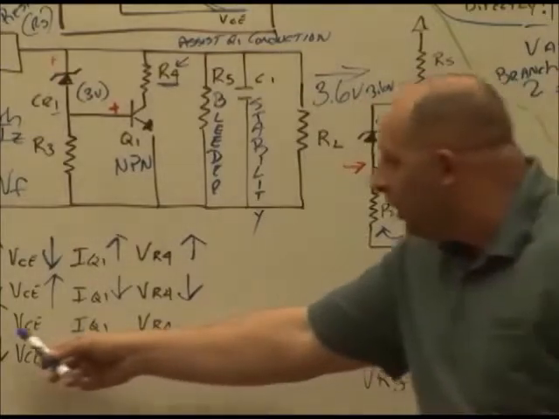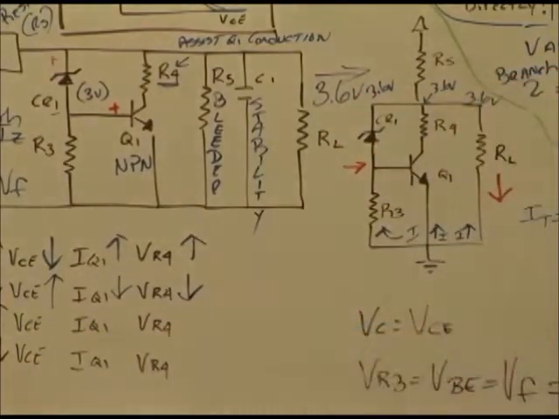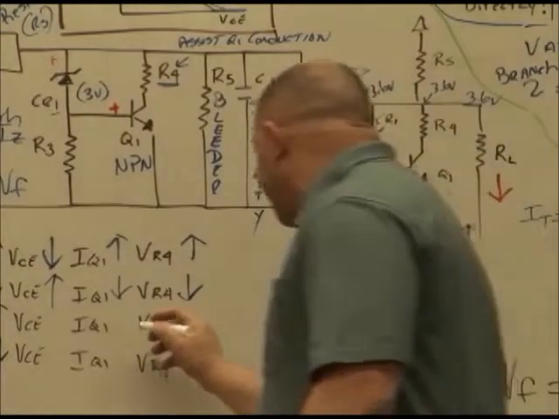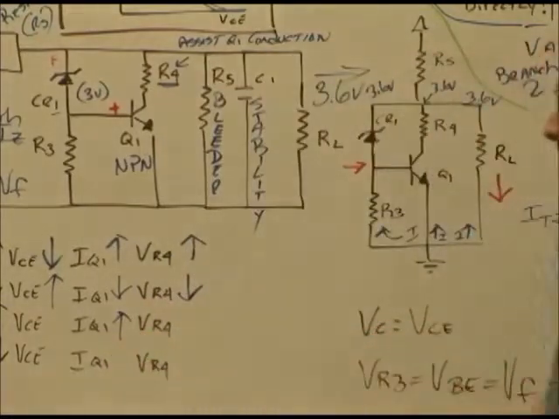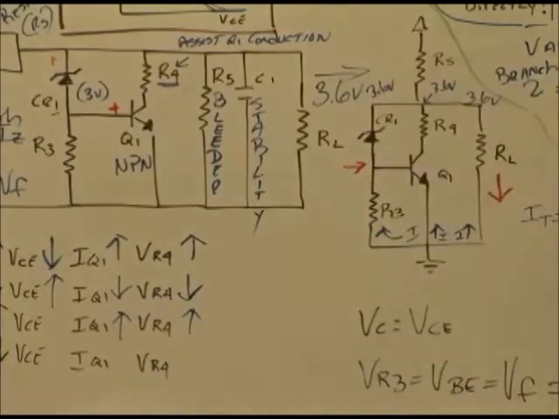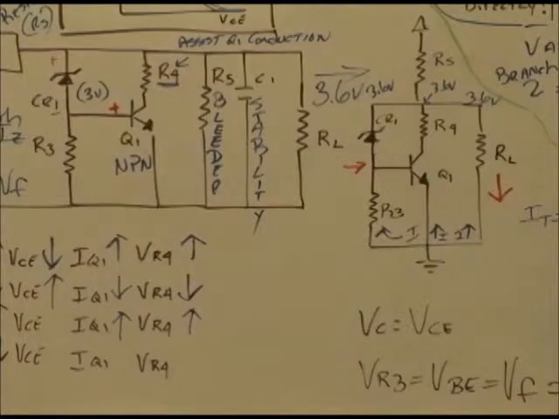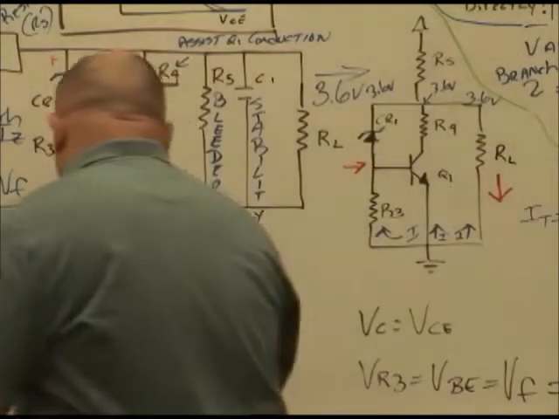Oh, we're doing a load increase. The transistor is going to receive that extra current that's not needed by the load. So I can do this, can't I? Yes, sir. What's VR4 going to do? Increase, sir. Yeah, there's more branch current. VCE? Decrease, sir, because if VR4 goes up, VCE, to equal that nearly constant 3.6, has got to do what? Decrease, sir. Amazing.